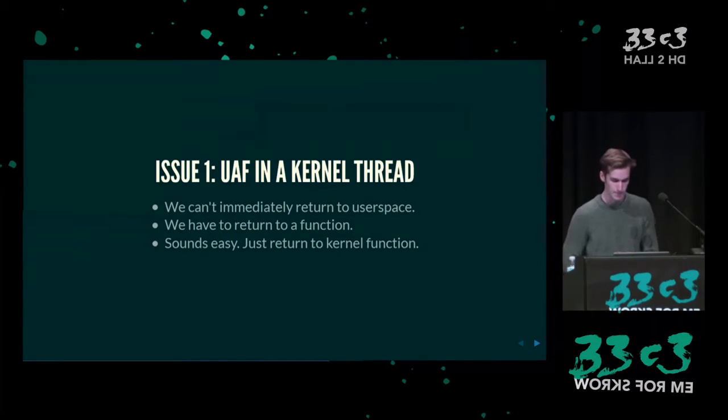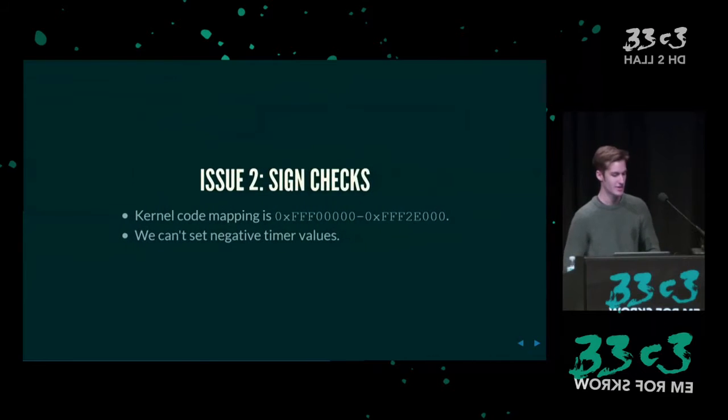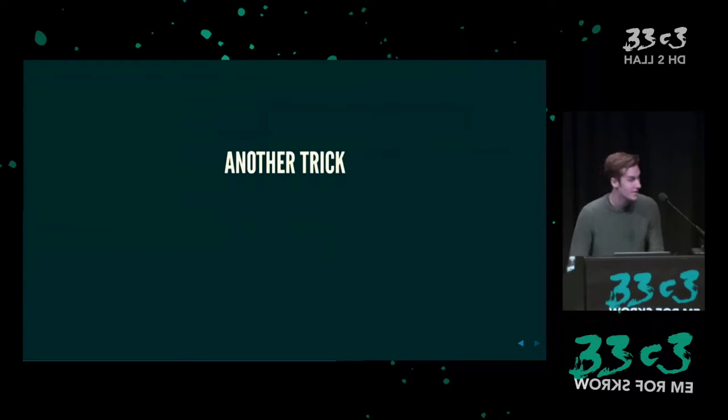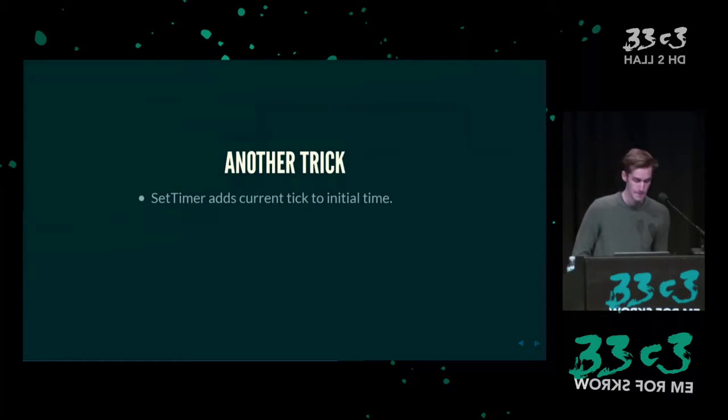But there's actually another issue, and that's that kernel code is mapped at high addresses, and these are actually negative. And the set timer syscall actually checks if your timer is negative. So there's a pretty funny trick I found: when you set the timer, you're saying start 1 second from now, start pulsing.